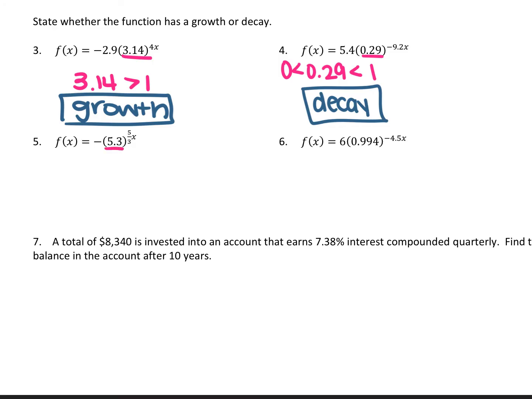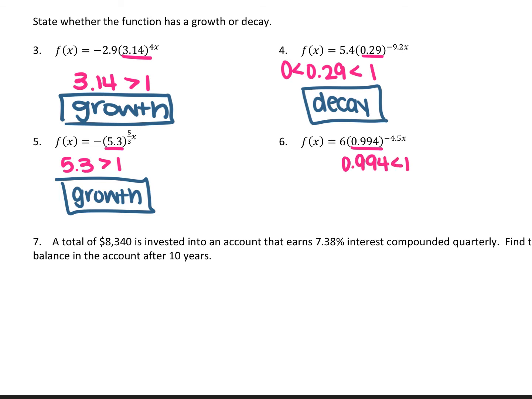The 5.3 is what you're looking at. It is greater than 1. So you have a growth on this one. And then with 6, you have 6 times 0.994 to the power of negative 4.5 times x. 0.994 is less than 1, but greater than 0. So we have a decay on this one.